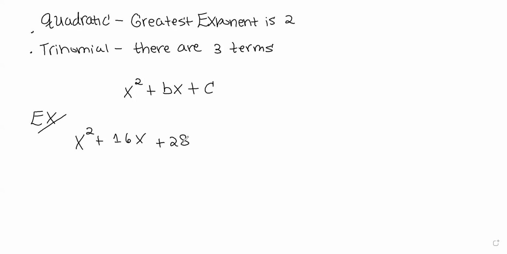Although I did not explicitly write the 1, assume that it is there. The 1, the leading coefficient a, is invisible in front of the x squared. Likewise, there's an invisible exponent of 1 for the x in the middle term.